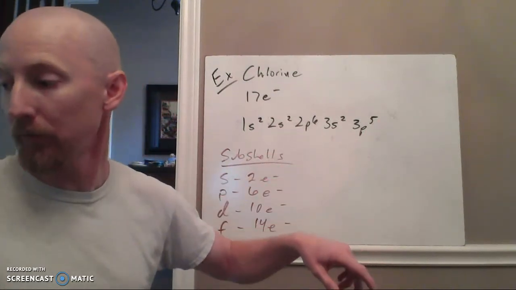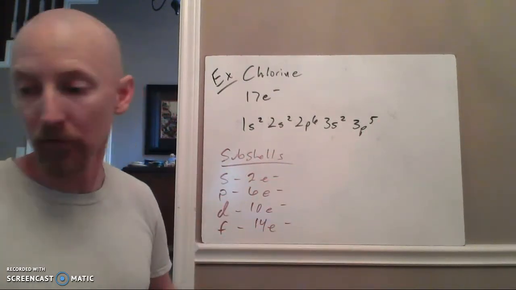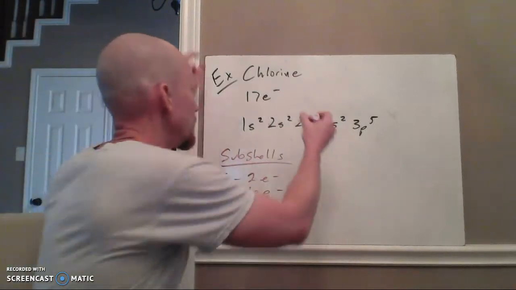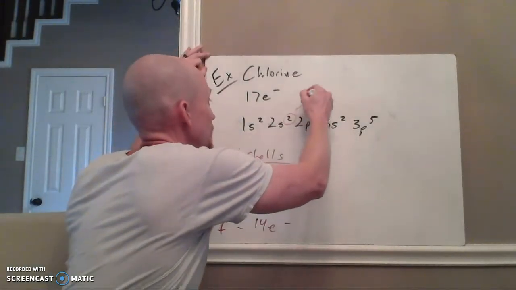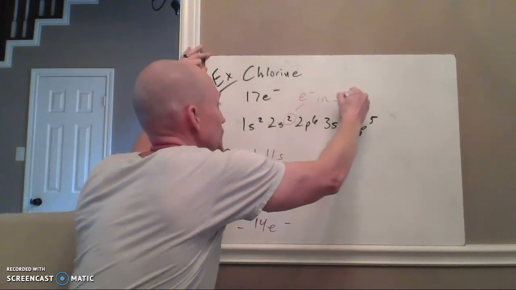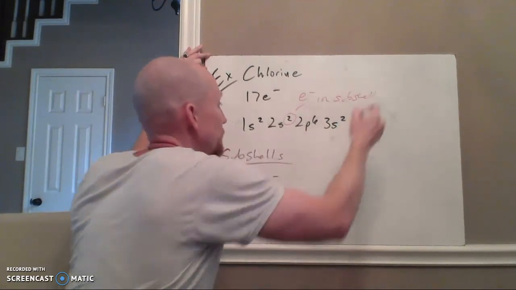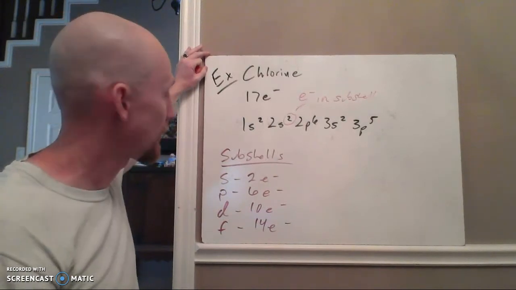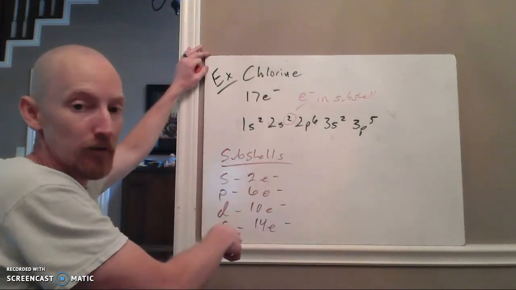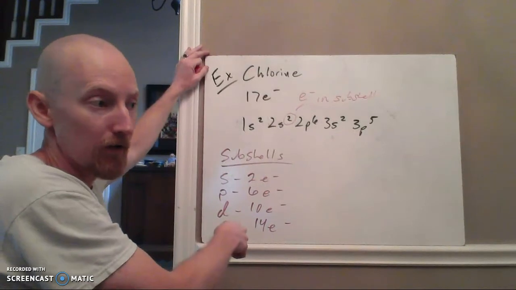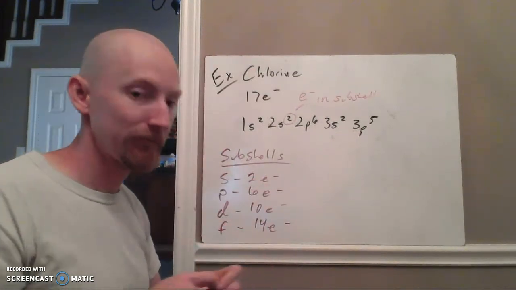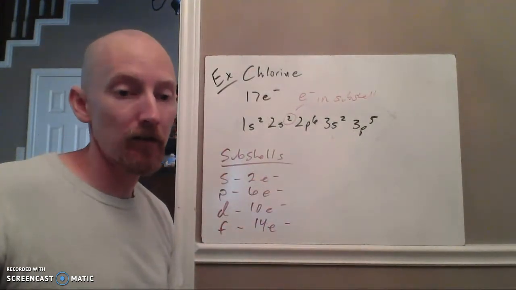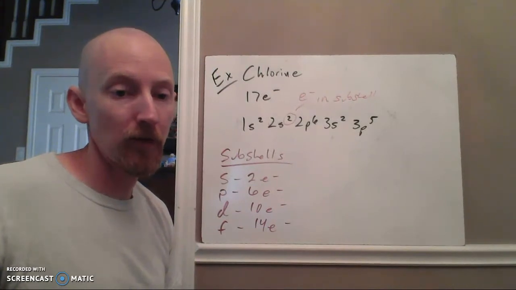All these little numbers correspond to all of the electrons in a subshell. So these little guys are electrons in the subshell. If you add them all up, you'll see that there are in fact 17. All right? Each subshell can hold a different number of electrons. So that's a thing.